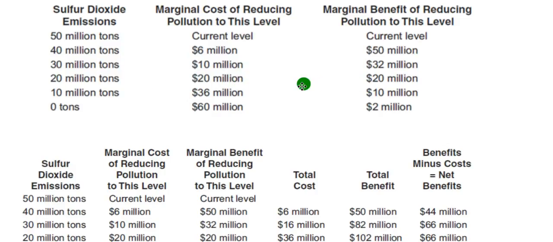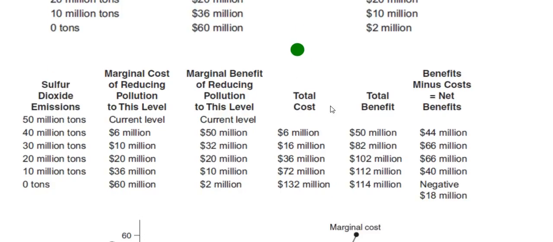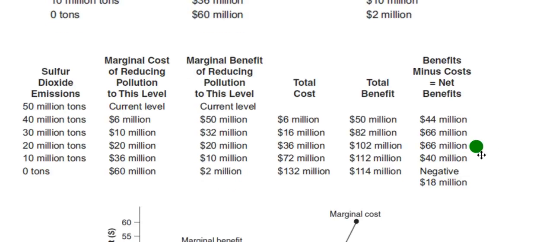They're equal, right? Now, why we did the total cost analysis and the net benefits analysis is we can also see at 20 million tons at a marginal cost of $20 million and a marginal benefit of 20 million, when we compute our total cost and total benefit, we see that our net benefit is highest.